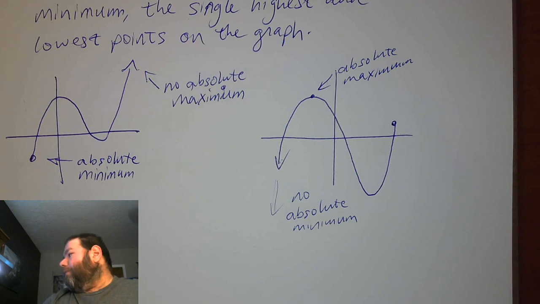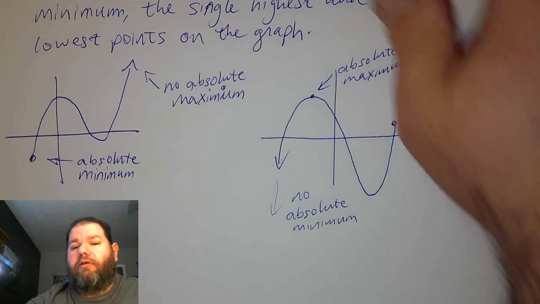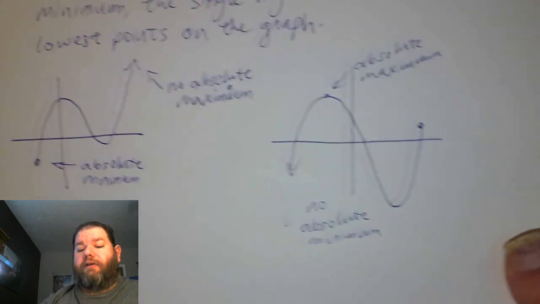So that's absolute minimum and absolute maximum, and together that's what we call absolute extrema. In a similar vein, we have what's called a local maximum and a local minimum. So let's look at our local extrema next.